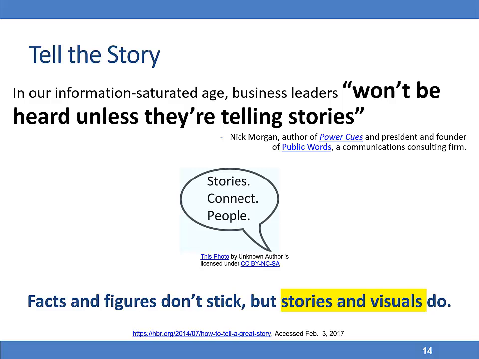But you want to be telling it in a way that people are interested in, with some personalization, because stories connect people. And facts and figures are interesting, and project managers love facts and figures. So those are great to have included, but stories and visuals really stick in people's minds. So we encourage people to think along those lines.